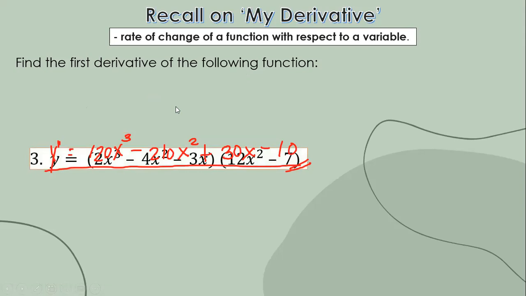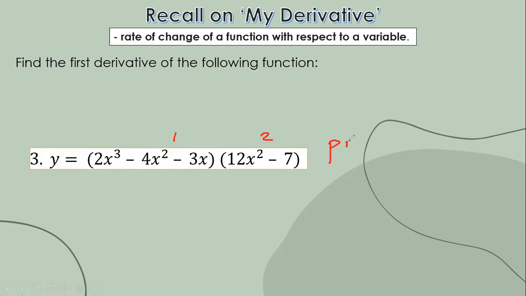Right? So let's move on to number 3. Number 3 is y is equal to 2x cubed minus 4x squared minus 3x times 12x squared minus 7. Okay, so we have two functions, tapos pinag-multiply. Ito yung unang function, tapos ito yung pangalawa. So, product rule. Pag sinabing product rule, ang mangyayari dyan is copy muna yung una, 2x cubed minus 4x squared minus 3x, tas derivative nung una.